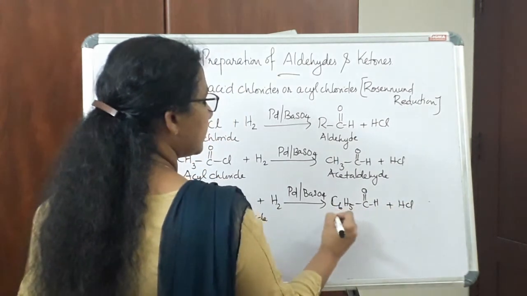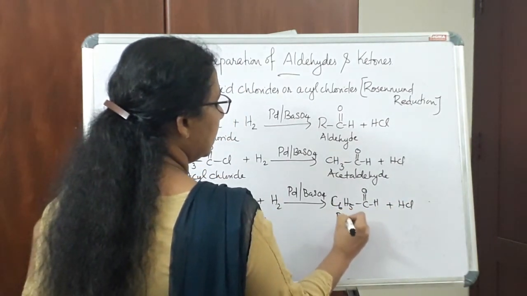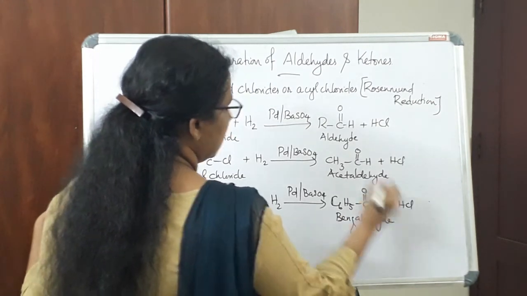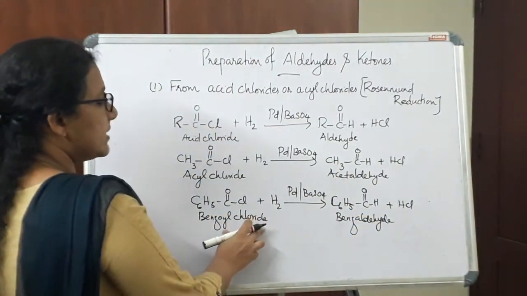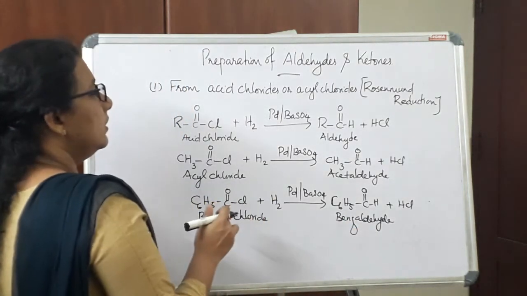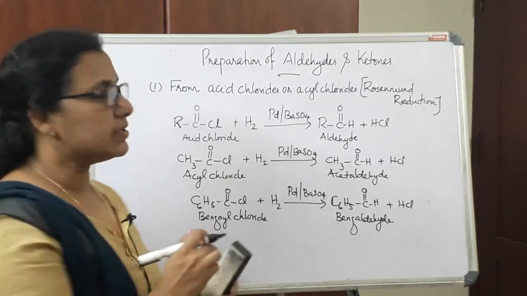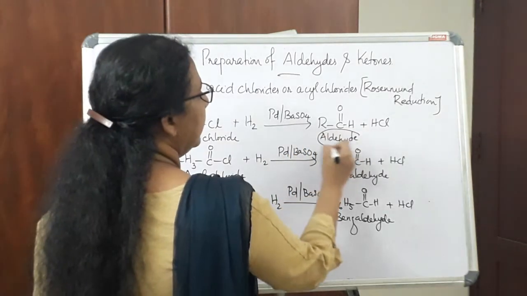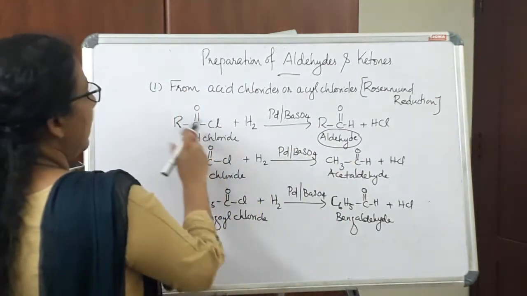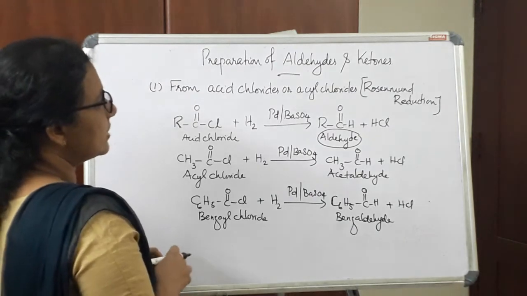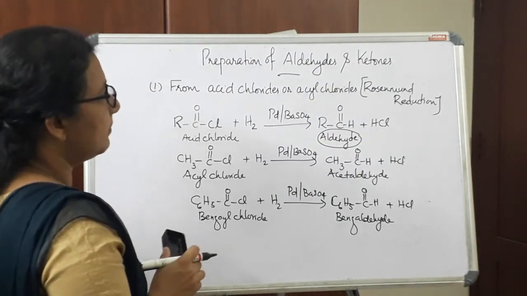Here this is benzaldehyde. So when benzoyl chloride is taken, benzaldehyde will be formed. These are all examples of Rosenmund reduction. This is the preparation of aldehyde from acid chloride or acyl chloride. This is the first reaction and an important named reaction.